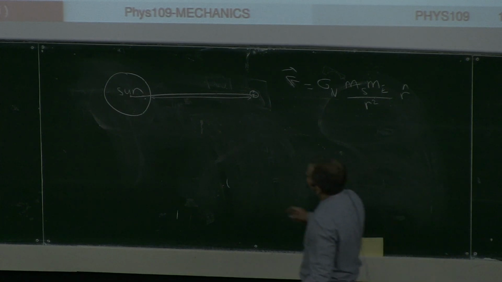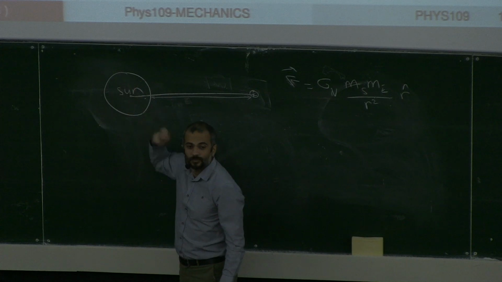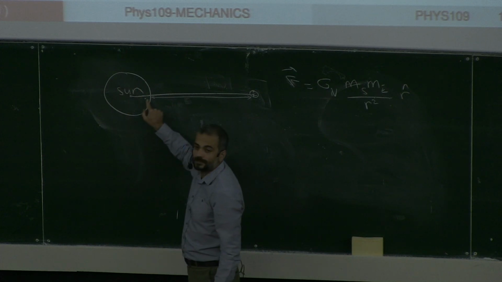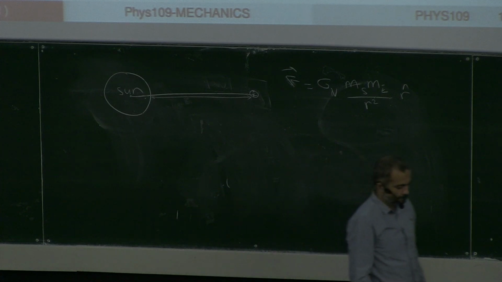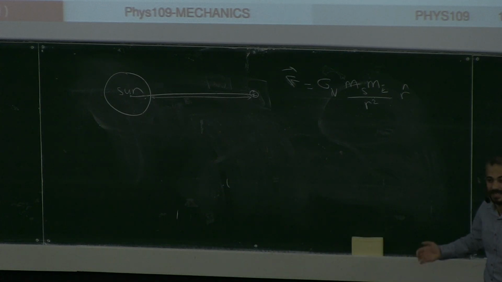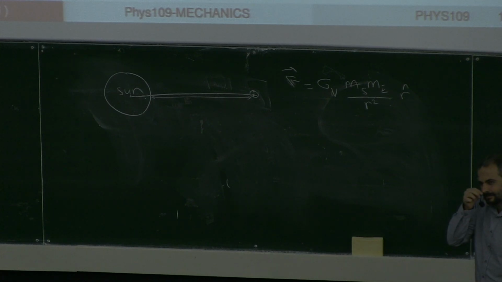Well, why not? I can imagine the sun as a point at this point. Why not? Well, that is the right answer. We know that, and we will prove that. But why do you think it is more logical, the center? Why is the center of mass more logical?